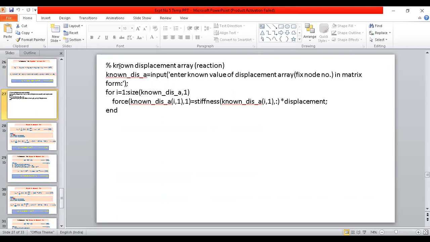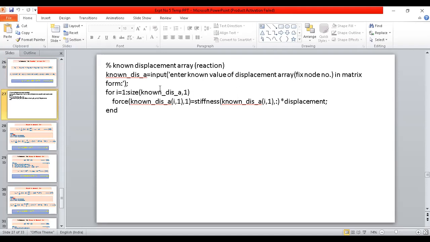Then simply we need to define a displacement position, means position 1 and position 3. Here we know the displacement array, means the position of displacement to find reaction.